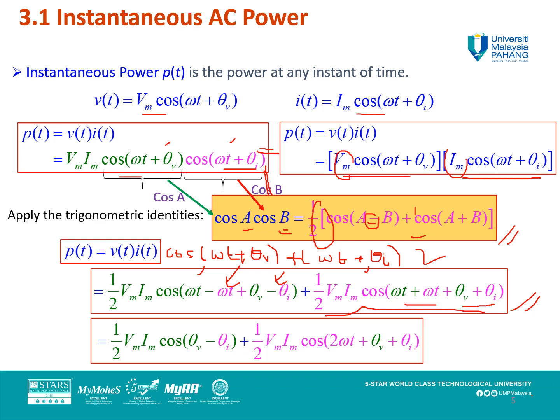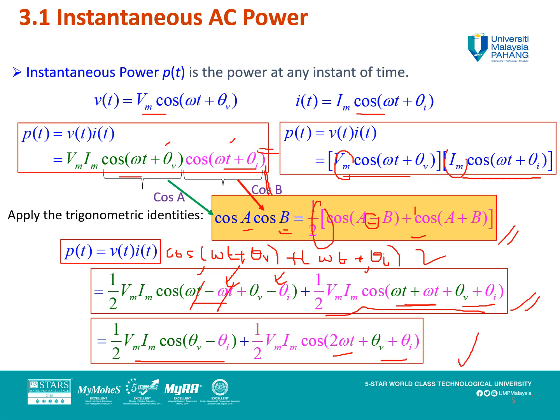So this one is canceled out. Canceled out, you get 0 because of the same parameter value. So now you have θv, θI here. Now half cos(ωt plus θv), that means double, so you get here 2ωt plus θv and θI.